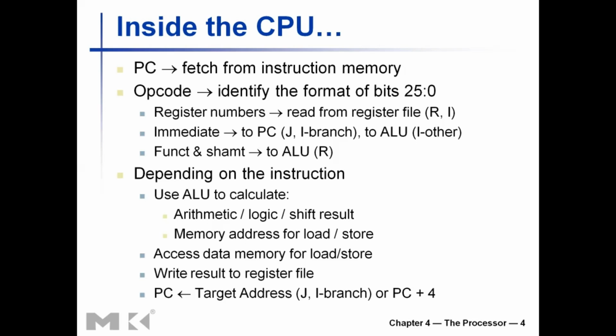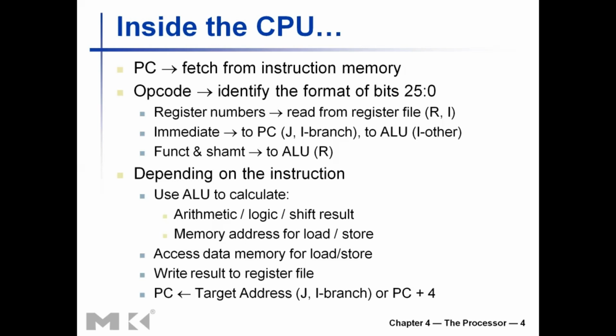But in the case of branch instructions or jump instructions, the PC value will be changed based on a given immediate value in the instruction itself. So in that case, PC needs to be updated based on the immediate value. Right, so that is the overview of what happens inside the CPU.